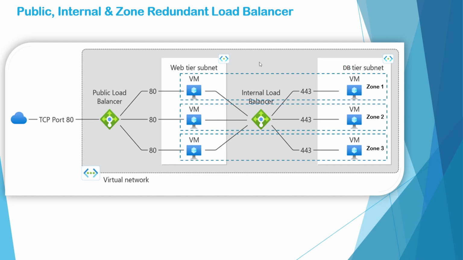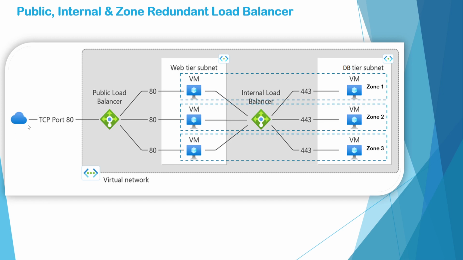In the previous session, I configured the internal load balancer. These three VMs I named DB1, DB2, and DB3 with the internal load balancer. And now I have configured three VMs: Web01, Web02, and Web03. These three VMs will connect with the public load balancer.